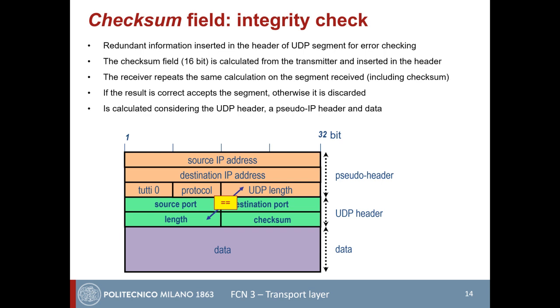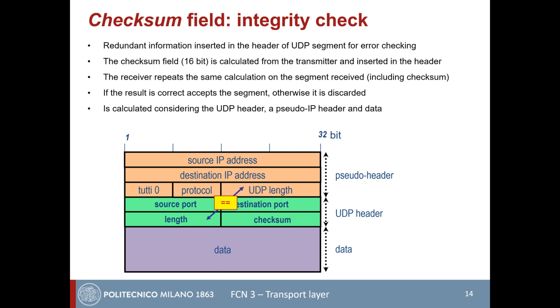You don't find it in the IP packet, it's just replicated by the operating system. So once the original UDP segment and all these additional fields that make the pseudo header are put together, then the transmitter starts the encoding process.